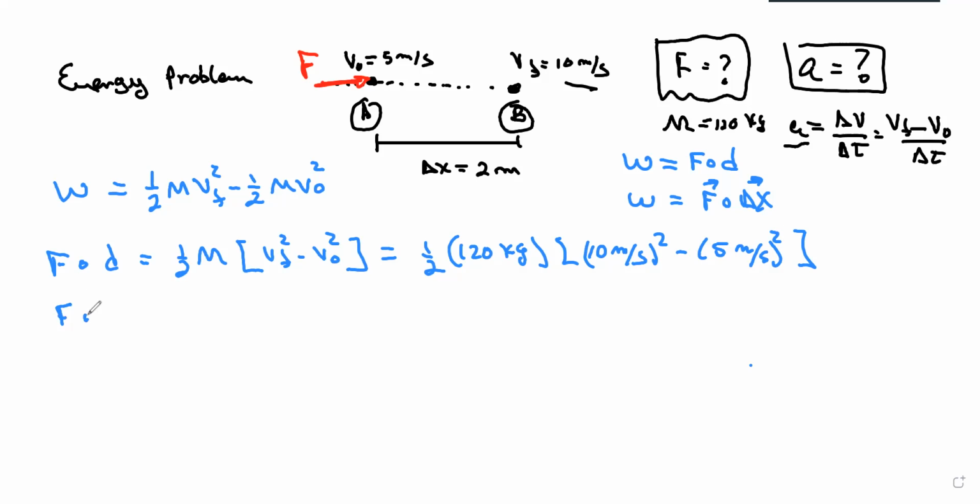So the force times the distance, and the distance is 2 meters. We got that one here. That's going to be equal to 120 divided by 2, which gives you 60 kilograms.